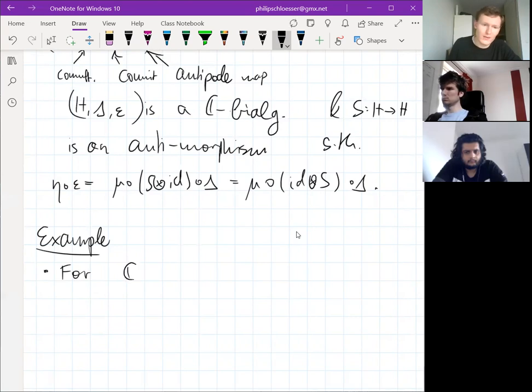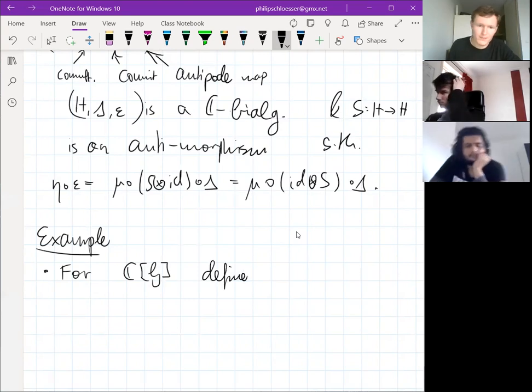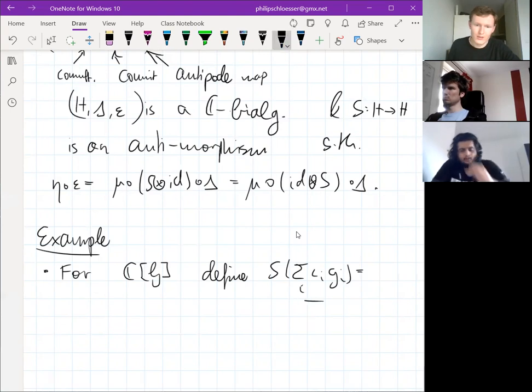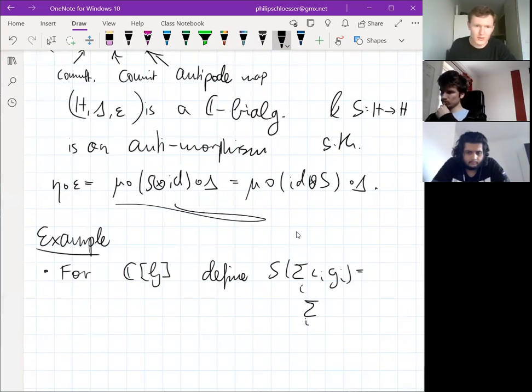So for a group algebra, we define the antipode map of some element of that group algebra to be, well, it's still supposed to be an antimorphism, so we can pull out the sum, pull out the c_i, because of this behemoth of a rule, c_i S of g_i.